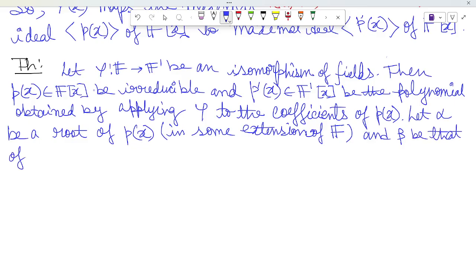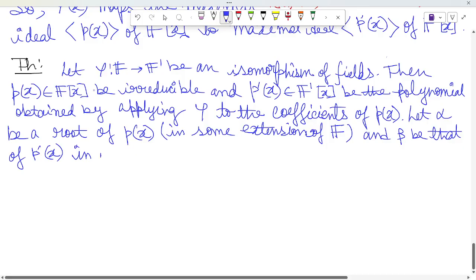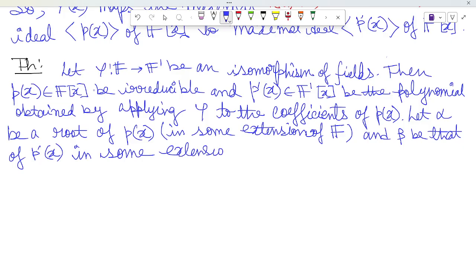And let beta be a root of p dash x in some extension of f dash.